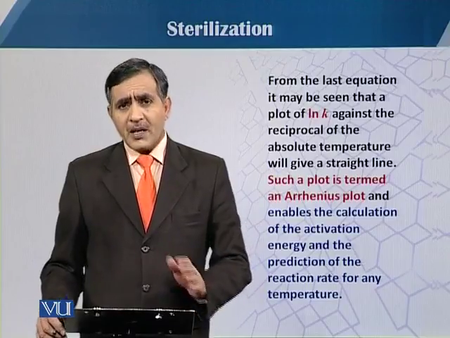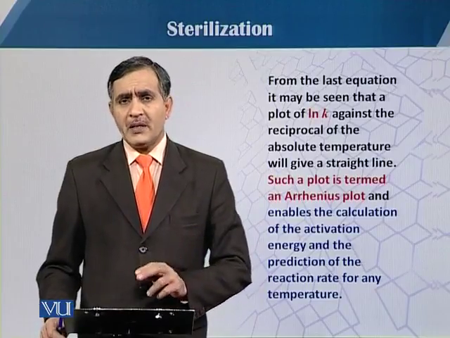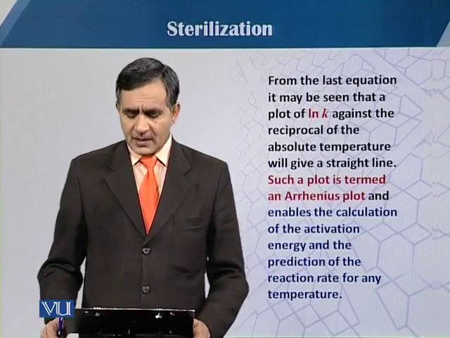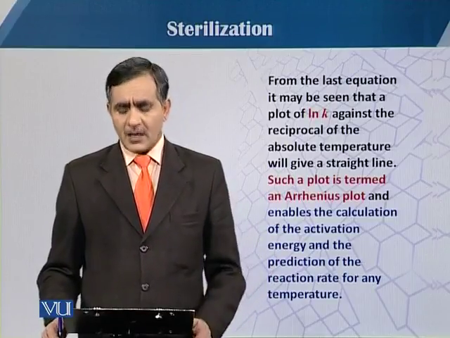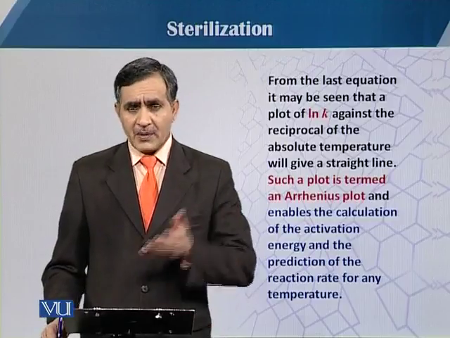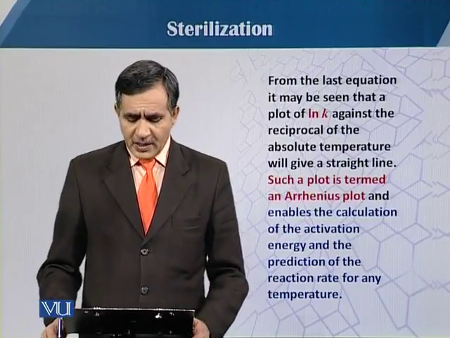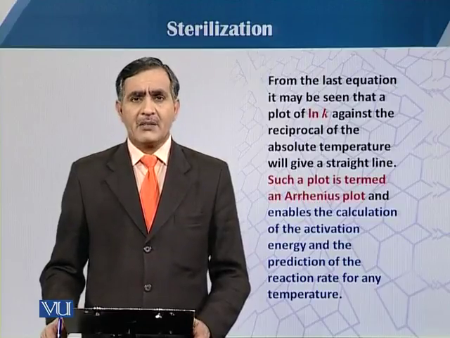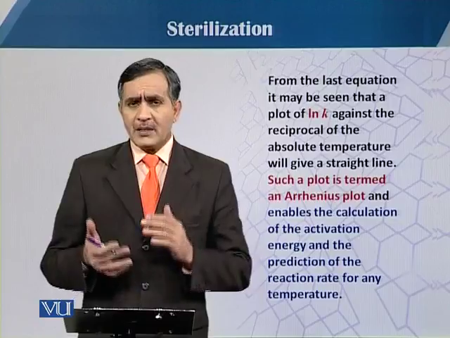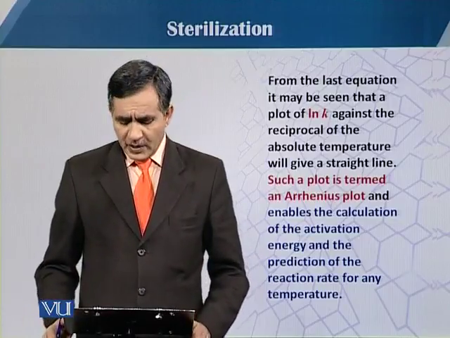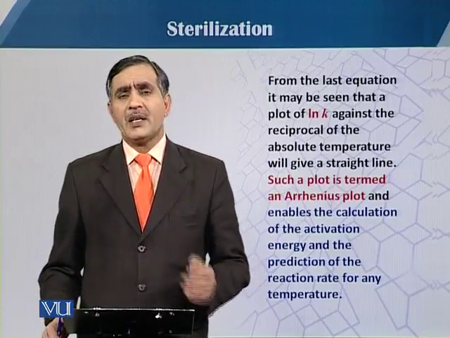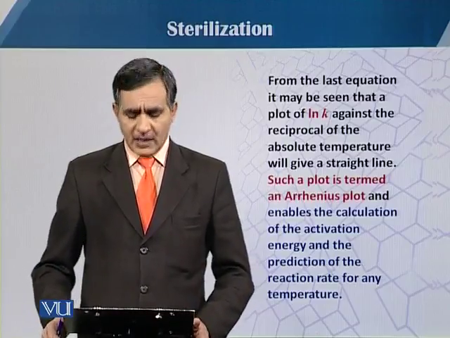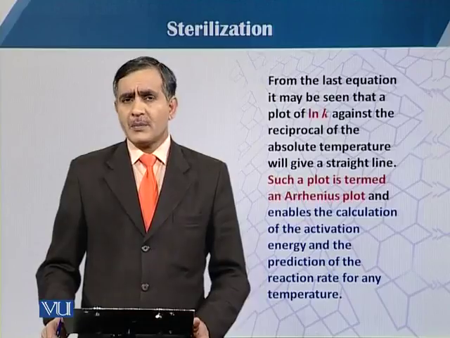Such a plot between the reciprocal of the temperature and the natural logarithm of the rate constant is known as the Arrhenius plot. With this straight line, we can calculate the activation energy and predict the reaction rate. By just plotting these two, we can estimate the temperature at which we can achieve suitable sterilization of the fermentation medium.